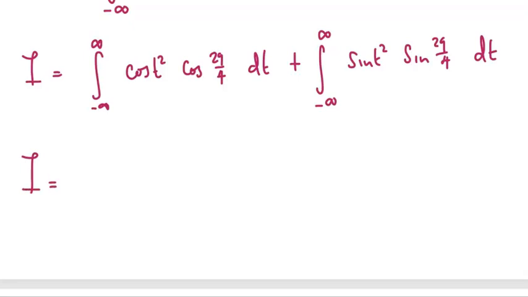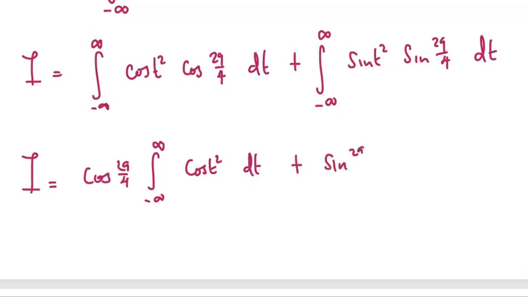So we have I is equal to cosine of 29 by 4 multiplied by the integral from negative infinity to positive infinity of cosine of t squared dt, and then plus sine of 29 divided by 4 multiplied by the integral from negative infinity to positive infinity of sine of t squared dt.